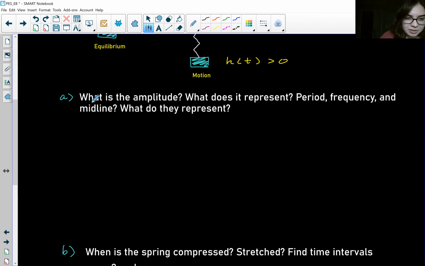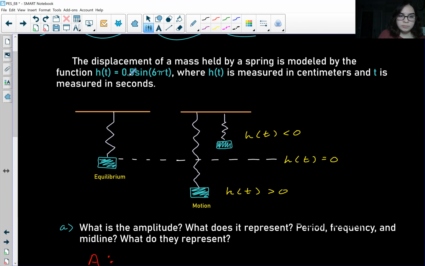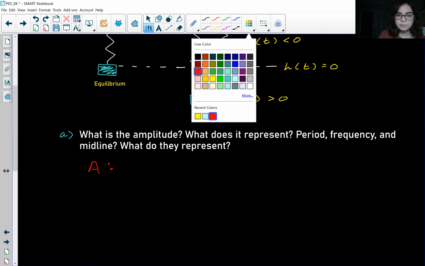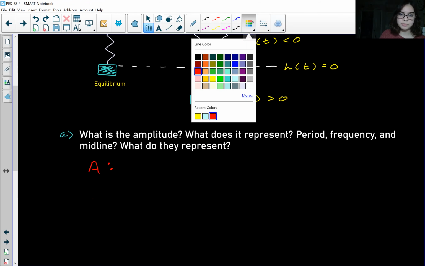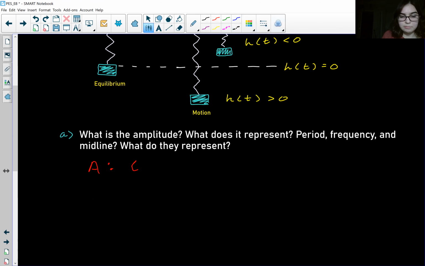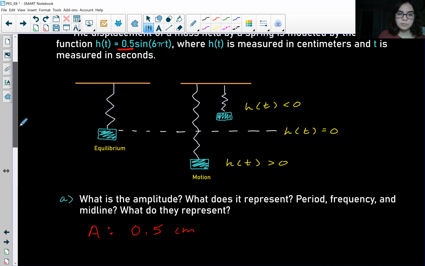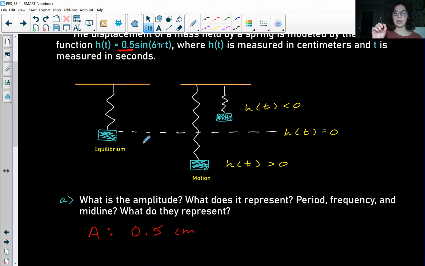All right, so starting with amplitude. Amplitude, we said, was the coefficient in front of the function, and that's going to be 0.5, so 0.5 centimeters. And then we also want to consider, what does that really mean in the context of the problem? Remember, amplitude is how far up or down from the midline.